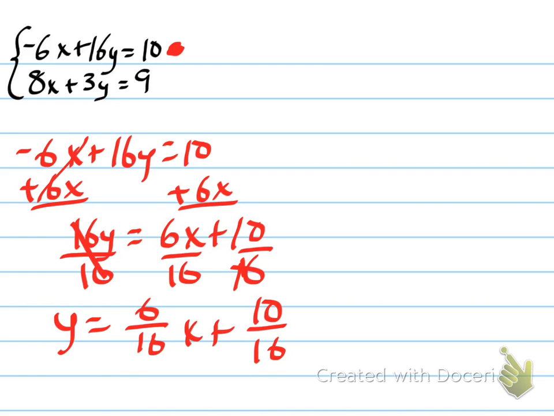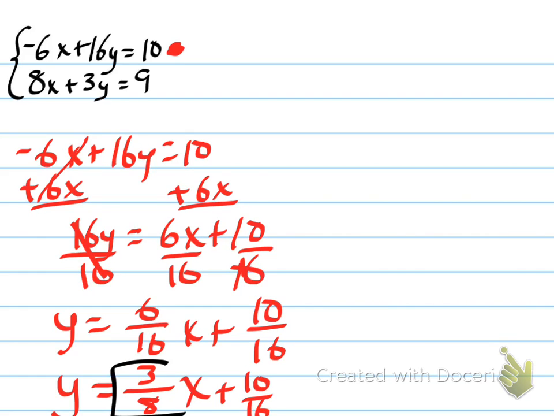Divide 6 by 2, that'll give me 3, and 16 by 2, that'll give me 8. So I have 3/8 x plus 10 over 16. So the slope of the red function is this guy right here. It is 3/8. I'm going to hang on to that number for a while because I have nothing to compare it to until I find the slope of the second function, which I'll call this blue function right here.